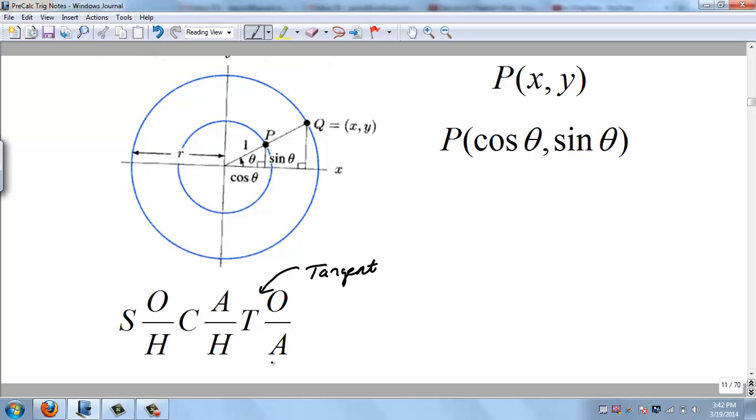So here, this is my x and this is my y with my sine. Tangent would be opposite over adjacent, or y over x. Or you can say it's sine theta over cosine theta.